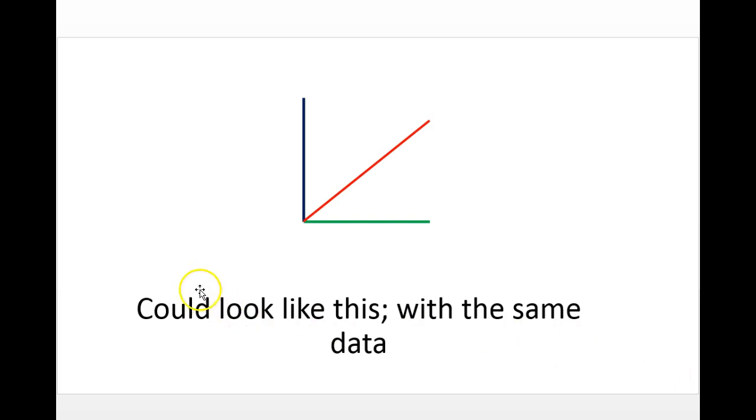And this is what it would look like with the same data. This is what I was talking about before, where sometimes, especially in physics, you take data that is inversely proportional and you manipulate the formula to use the same data to create a proportionality. And there's where you can get y is equal to 1 over x squared, or y is equal to 1 over x cubed.